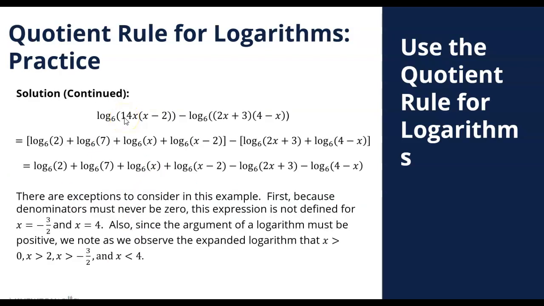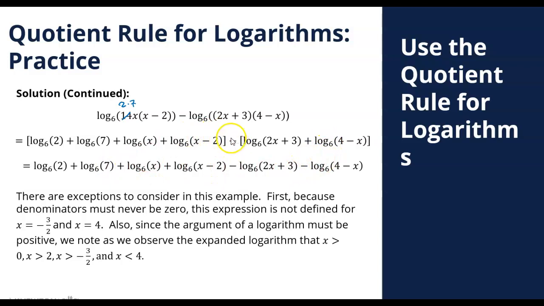Now rewriting 14 as 2 times 7, then applying the product rule, we have log of 2 base 6 plus log of 7 base 6 plus log of x base 6 and then log of x minus 2 base 6. Here we have log of 2x plus 3 base 6 and log of 4 minus x base 6.